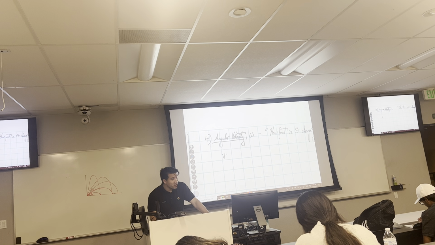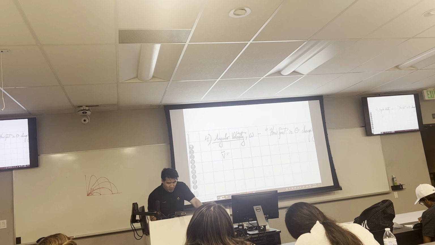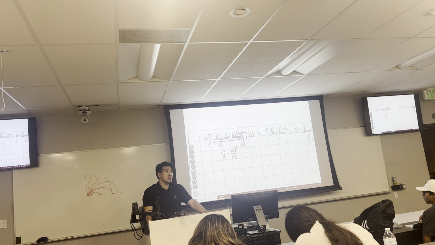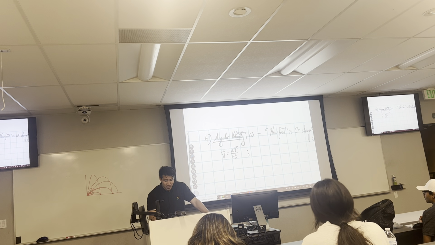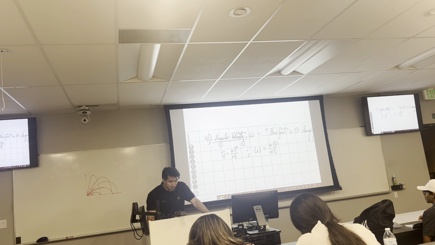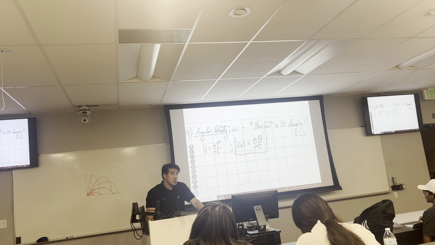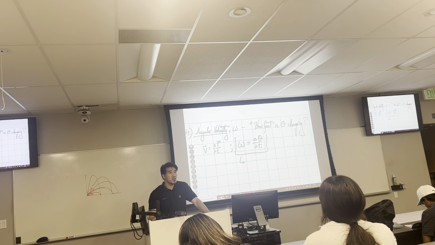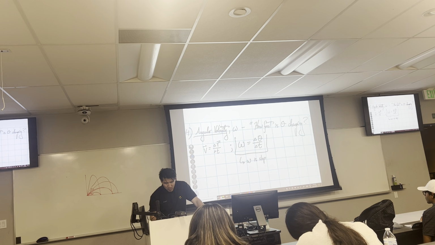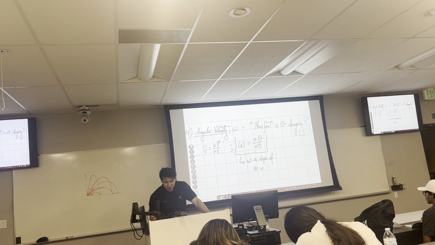So remember, the velocity was delta r, or change in r over duration, the change in position over time. Likewise, omega is going to be delta theta over delta t. So there is an analogous relationship between velocity and angular velocity. Just like how the velocity was the slope of the position versus time, omega is the slope of theta versus time.